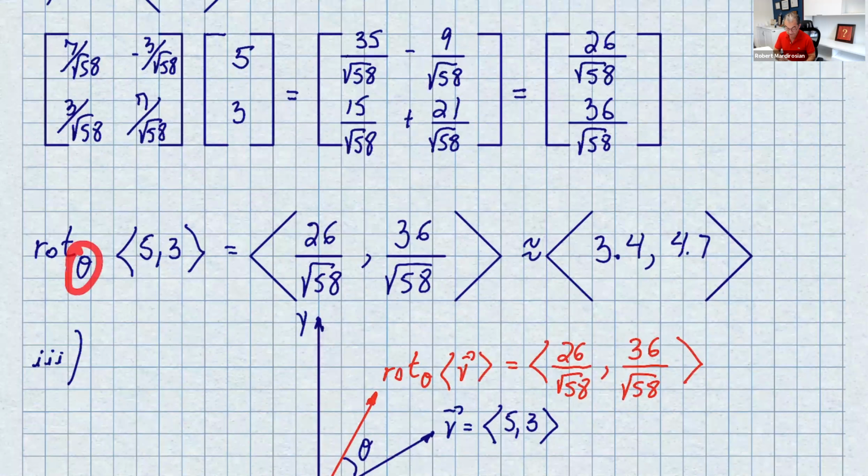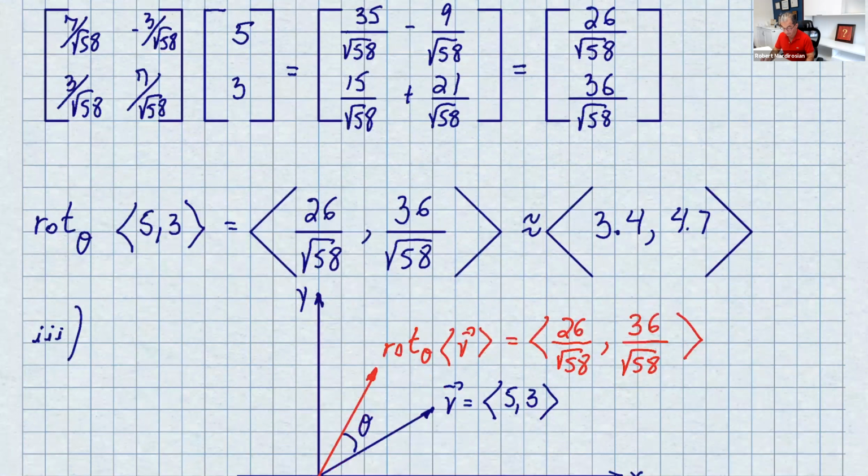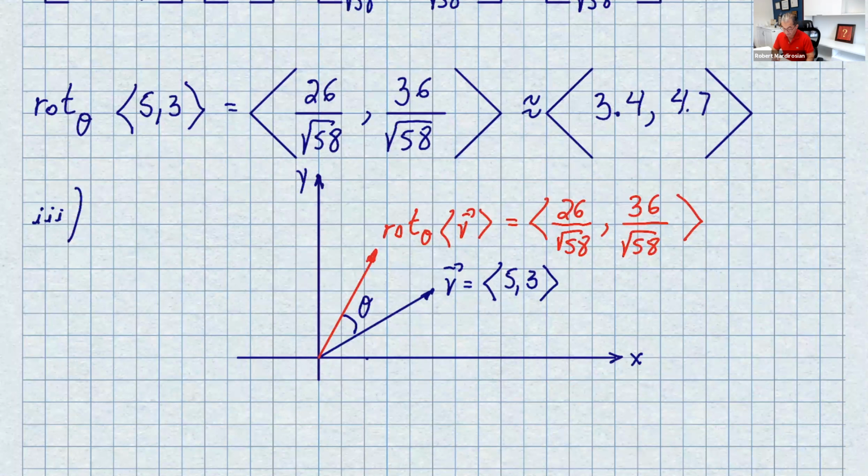So the rotation, I just called it theta here. So 5, 3 is going to give us that x component and that y component. Use your calculator. The first one is approximately 3.4, and the second one is 4.7. Graphically, again, this is our original vector.